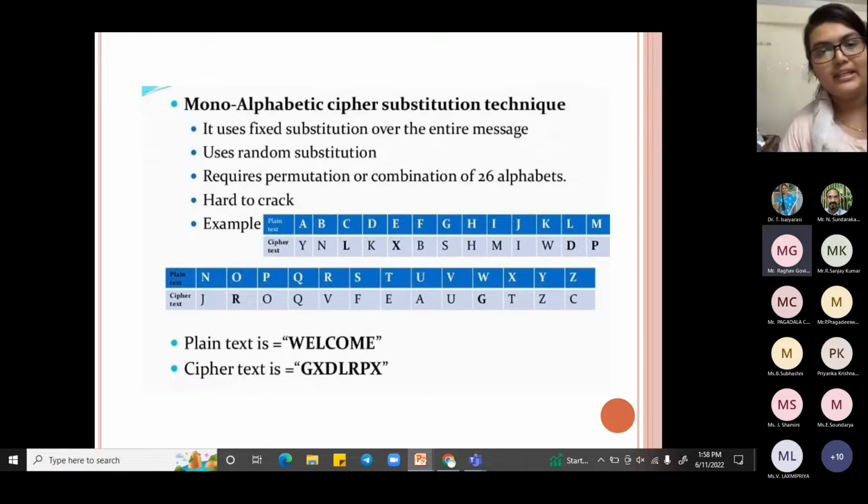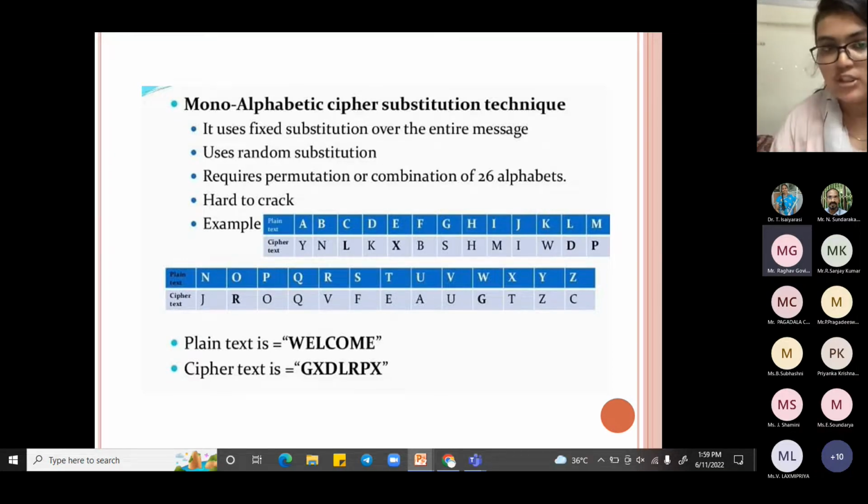The monoalphabetic cipher substitution technique is somewhat different from what Sabeshni told. She told the key is 3 in that case. Here the key is randomly chosen from the combination and permutation of 26 alphabets. The monoalphabetic cipher substitution technique uses fixed substitution over the entire message.